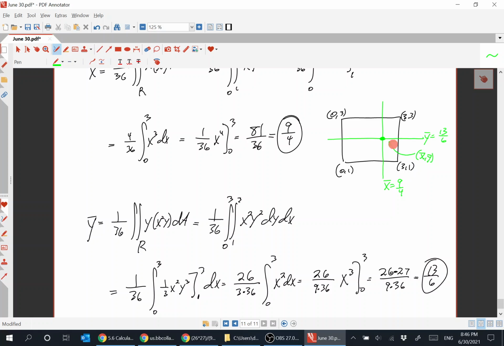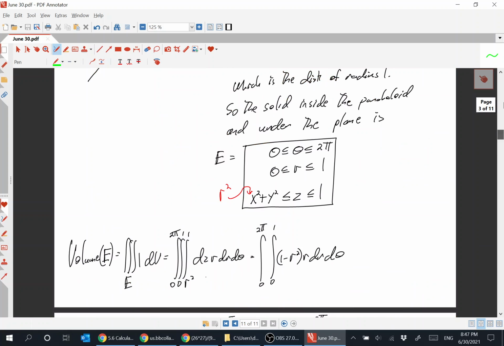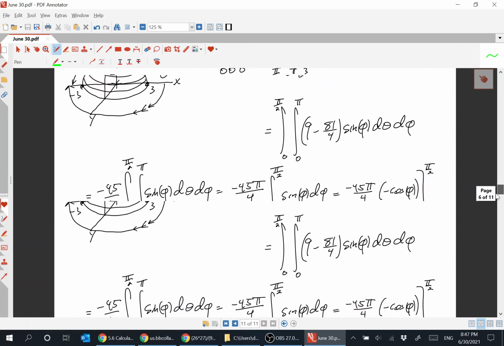All right, so that's your center of mass for this thing, and that makes intuitive sense. Okay, so all I'm looking for in this section is that we know the center of mass formulae. Mass is the double integral for 2 dimensions. Mass is the double integral of density over the region.